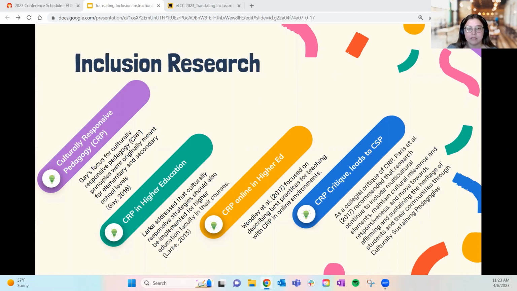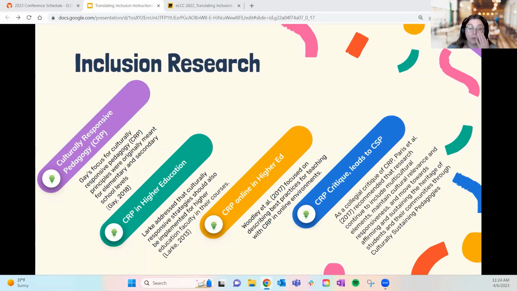Lark actually was a researcher who addressed that culturally responsive strategies should be implemented into higher ed as well, especially strategies like revising your syllabus, designing lessons based on culturally responsive pedagogy, engaging students by connecting assignments to their lives, and redefining assessment.